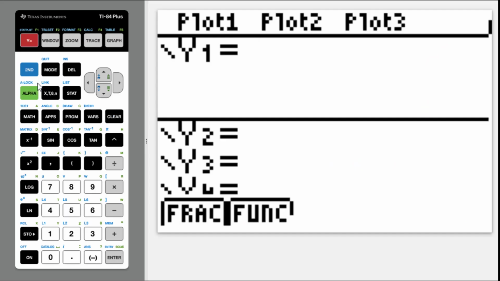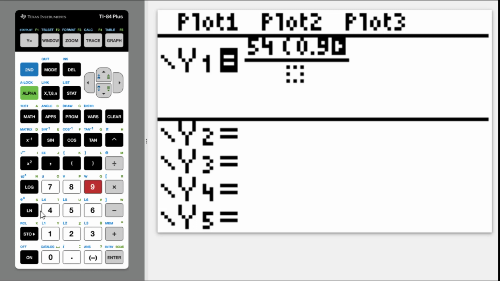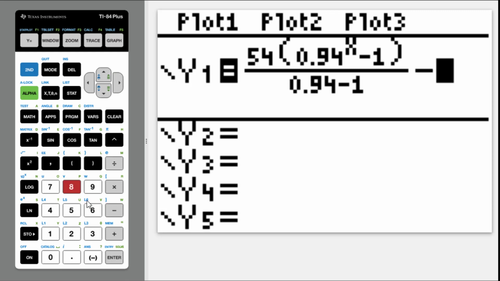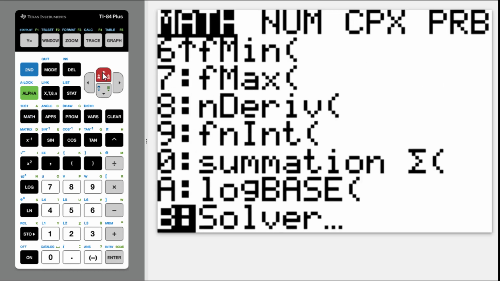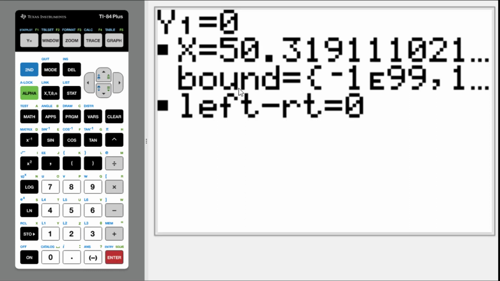We will use alpha y equals to get the fraction. 54, 0.94 to the x power minus 1, 0.94 minus 1, then minus 860. Go to math, up arrow, solver. Put 10 as an estimated value. Alpha, enter.